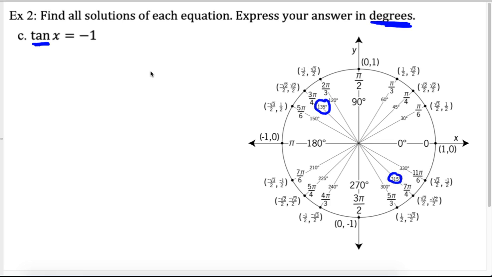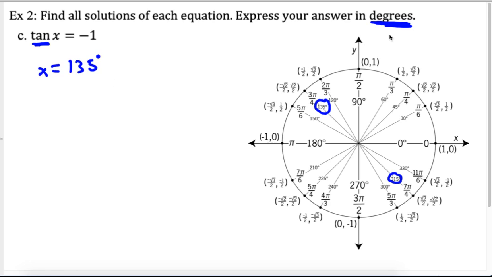Now, there are two ways that I can write my answer here, okay? And I will accept either of these answer forms. Either of these would be correct. So I can say that, well, one place on the unit circle where this occurs is 135.